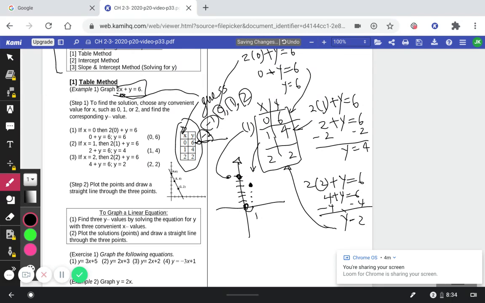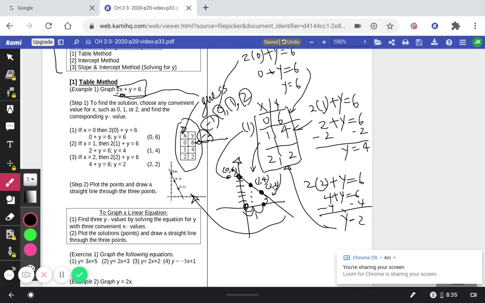And third, when x is 2, y is 2. So this is 2, 2, this is 1, 4, and this was 0, 6. Then you connect these 3 points with a straight line, nice and easy. That becomes your graph.